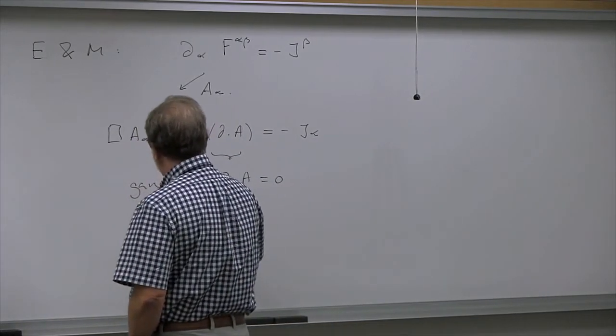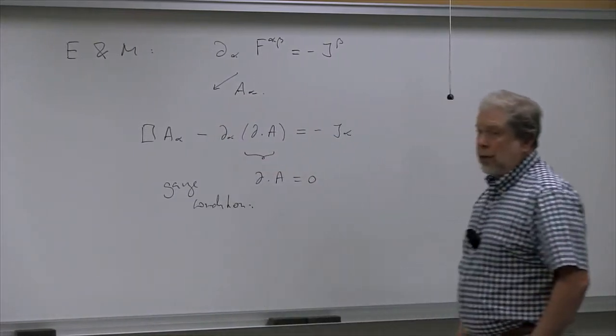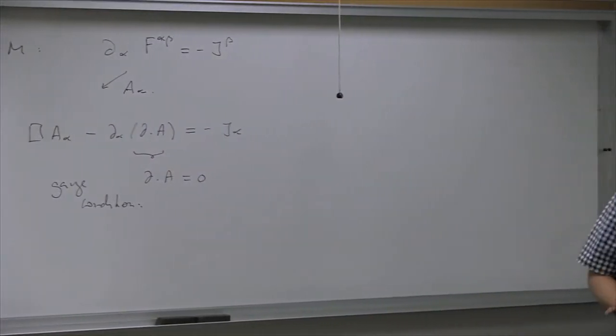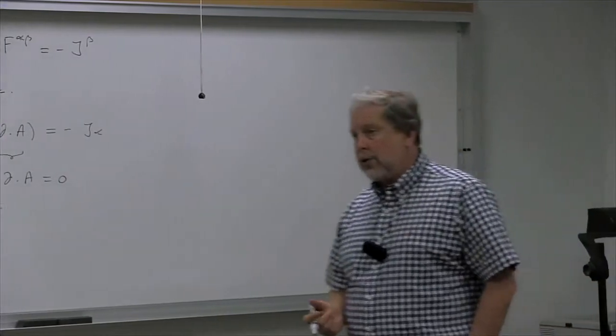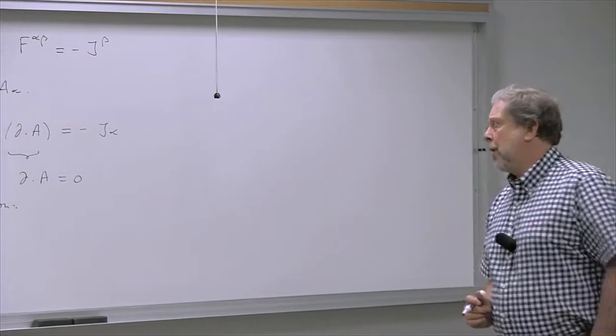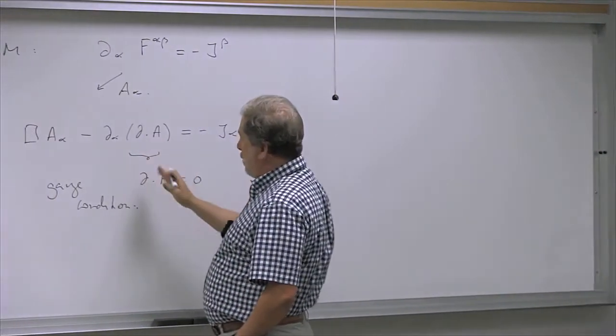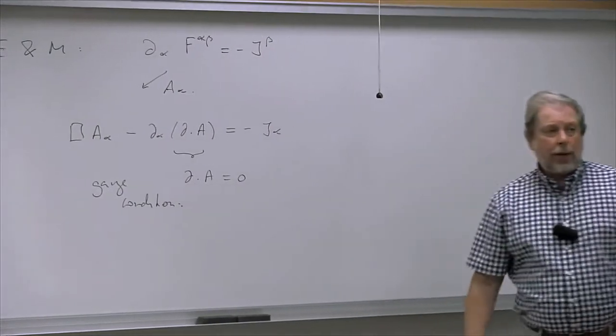So we impose a gauge condition, and that is what we do in electromagnetism all the time because that gauge condition is usually picked in order to simplify the equations. So if we simplify the equation this way, because of this extra term, it's natural to use this.